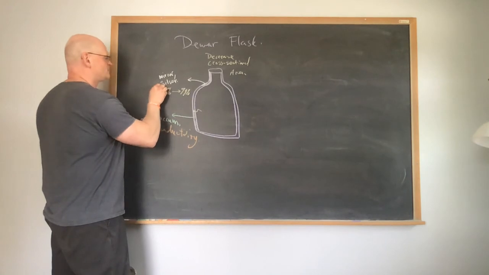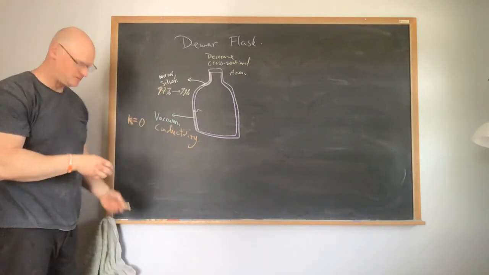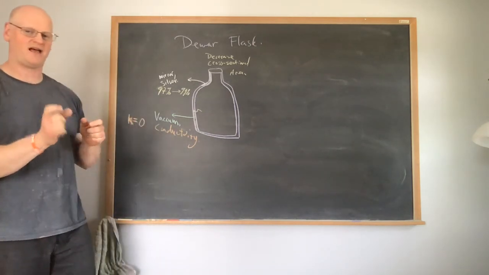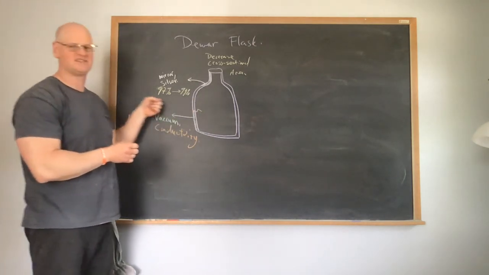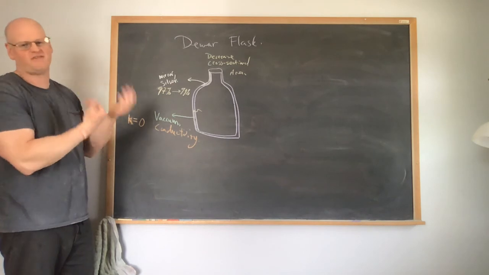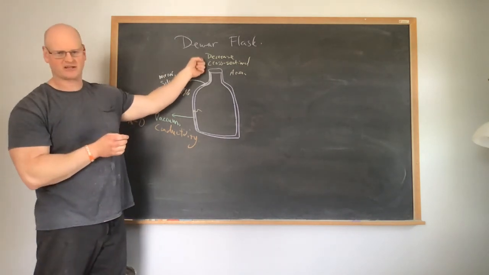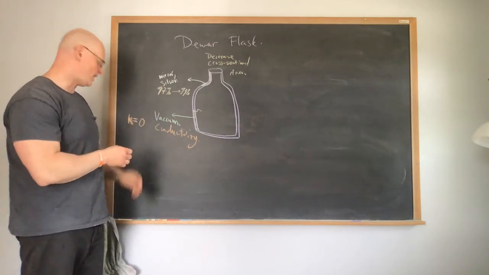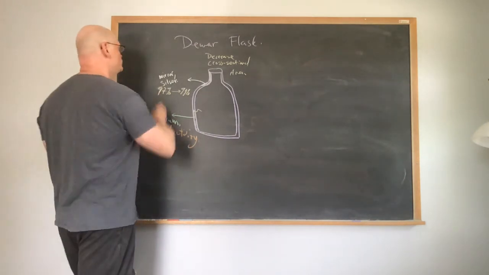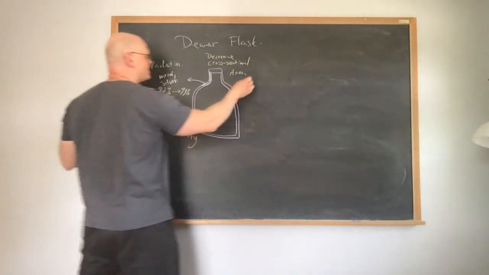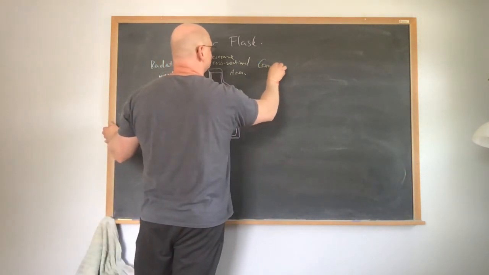So, again, it does a good job. 97% to 99% is very good, but you still have anywhere from 1 to 3% which is going to go to the outside, which eventually will cause the object to cool down. Why decrease the cross-sectional area? Well, this is to reduce radiation. This is then to reduce convection.